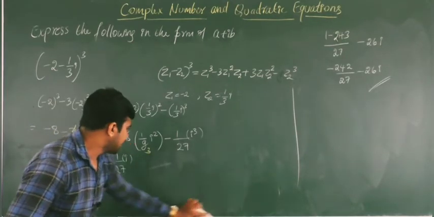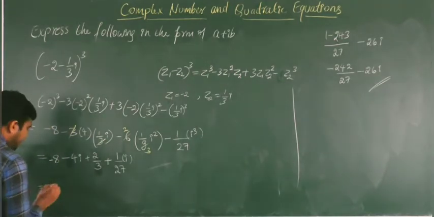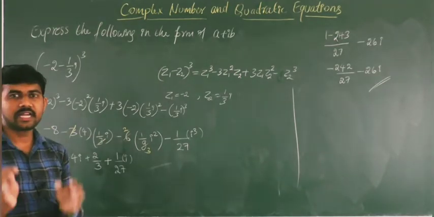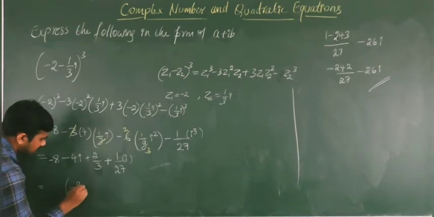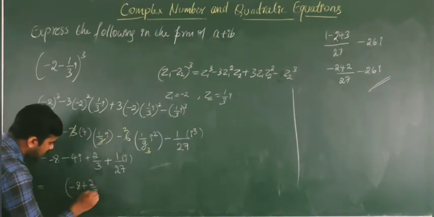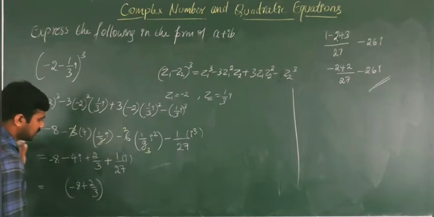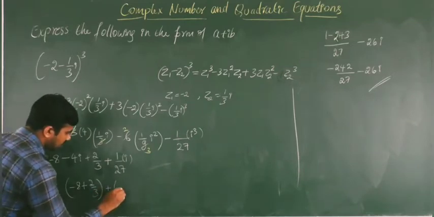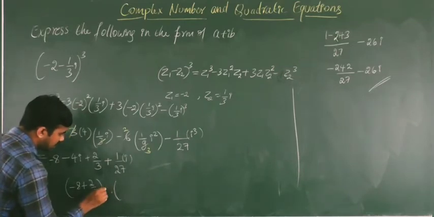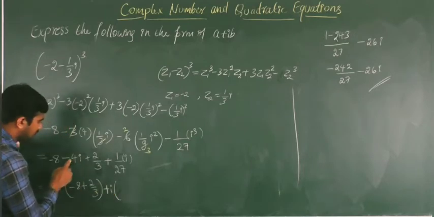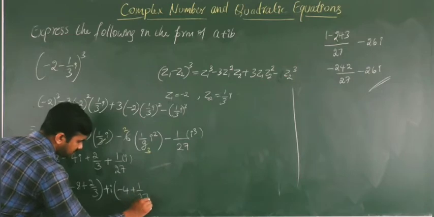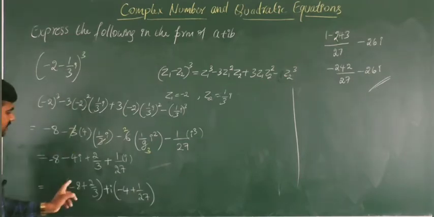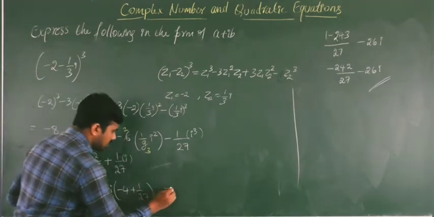And this can be written as, by considering the real part together and imaginary part together, we'll get minus 8 plus 2 by 3 and plus, if you take i common, i times minus 4 plus 1 by 27.